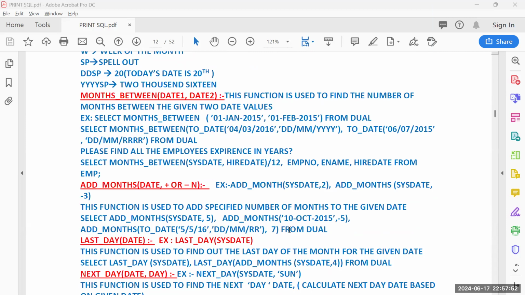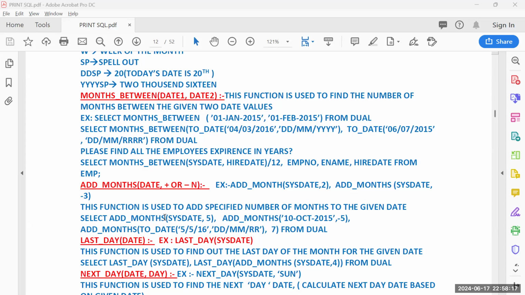Same way, ADD_MONTHS. The syntax is ADD_MONTHS, date, comma, a positive or negative number. For example, SYSDATE with positive 2 adds 2 months and returns the date. Same way, -2 or -1 gives the previous months.